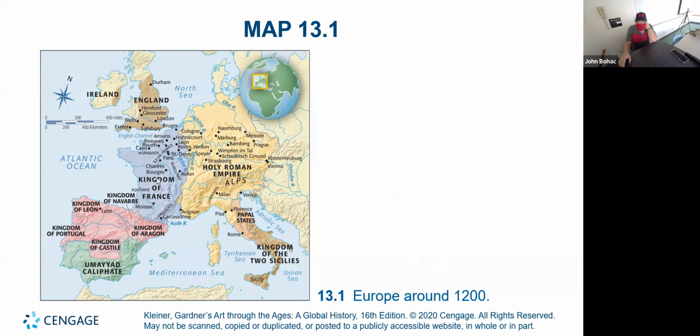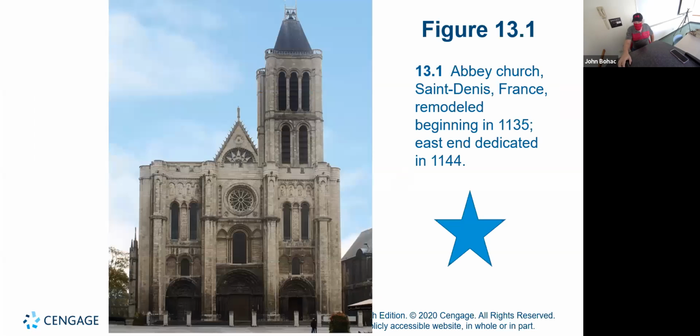Still kind of divided, but mostly the Islamic part is kind of pushed to the south. France becomes its own kingdom, England, Ireland, and so on. So these maps start to look a little bit more like modern day Europe.